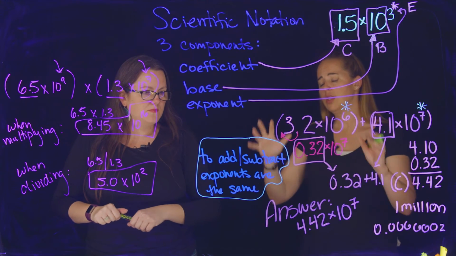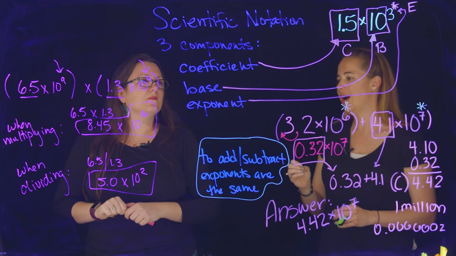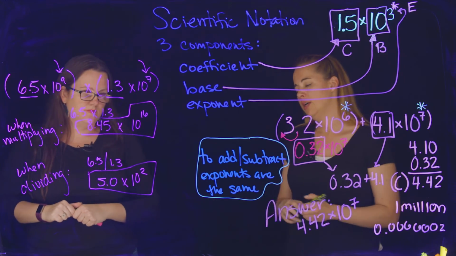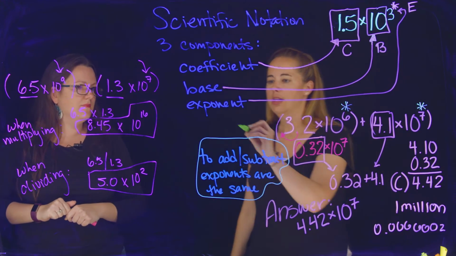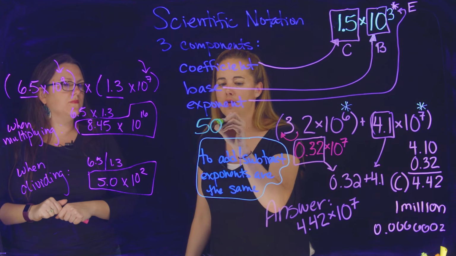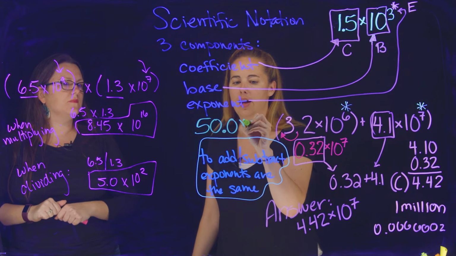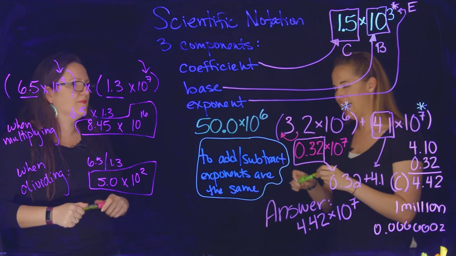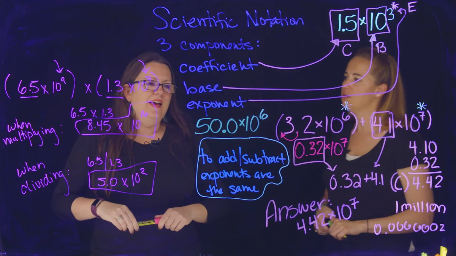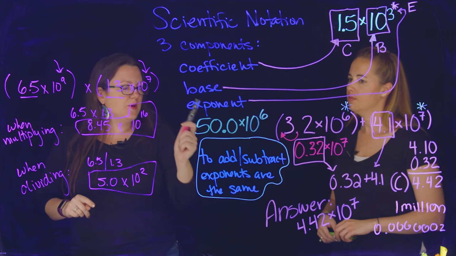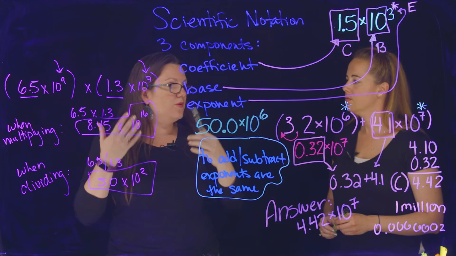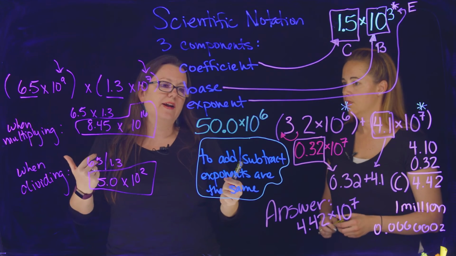Now we know that when you're doing the calculations, it's really important that you write down the correct answer. Sometimes what happens in lab is a student will write something like 50.0 times 10 to the 6th. Why would an instructor say you're not quite there yet? Sometimes when we're performing these calculations, we might end up with a larger or smaller final value.